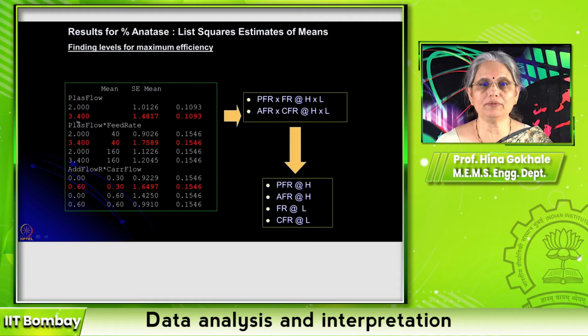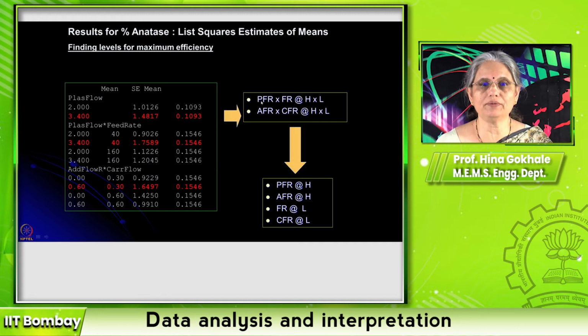Then, as we did in the past, we have to select the levels. Please remember that we have to select only the combination because the main effect is not important. Plasma flow rate at a high level and feed rate at a low level will give you the best percentage of anatase, and the additional flow rate at a high level and carrier gas flow rate at a low level give you the best possible percentage anatase.